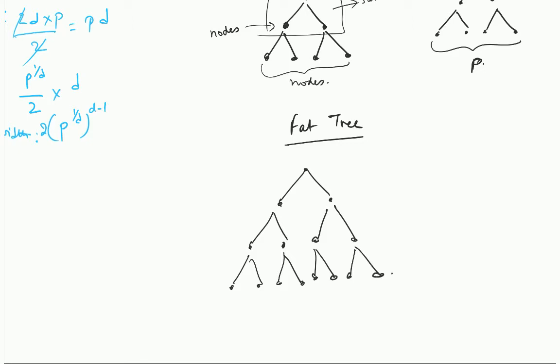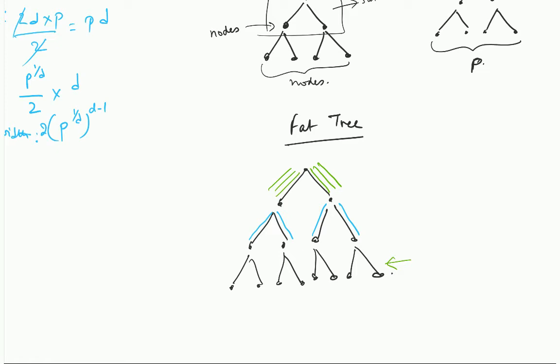So what do you do in a fat tree? As you go up, you keep on doubling the number of links. I'm going to add one more link at this level, and at the next level I'm going to add 3 more links. Each link has some capacity.